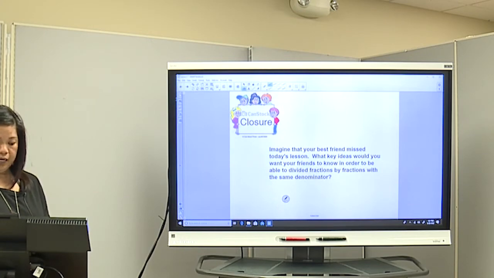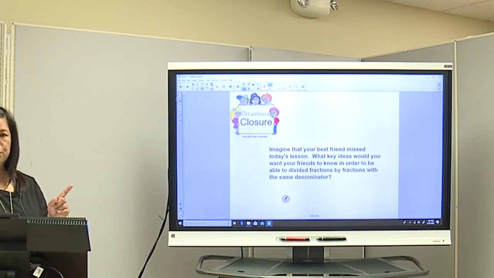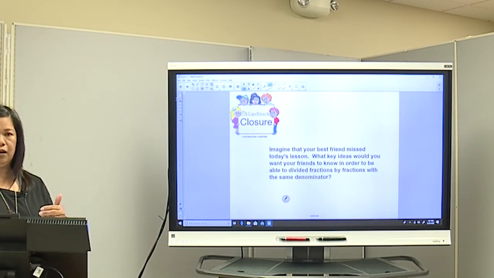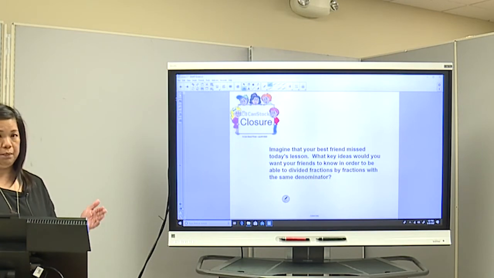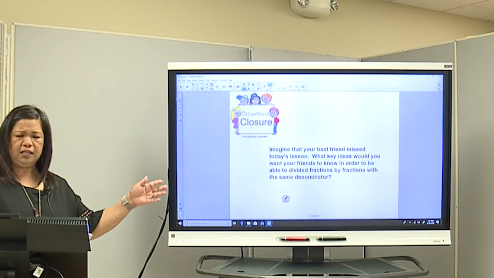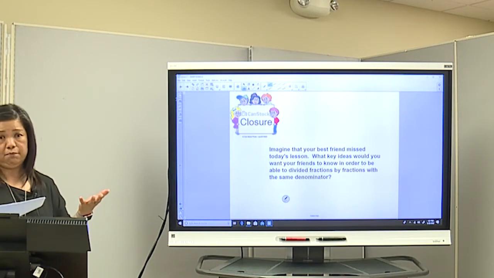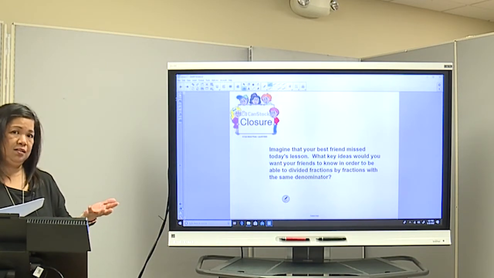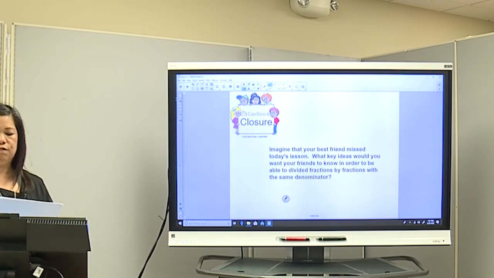Yes, when dividing with like units, you can just divide the numerators and think of basic facts. Very good. For example, remember our examples? Let's say 8 centimeters divided by 2 centimeters. They have the same units, centimeters. So just use your basic facts. 8 divided by 2 is 4.